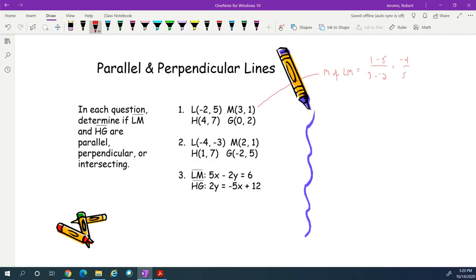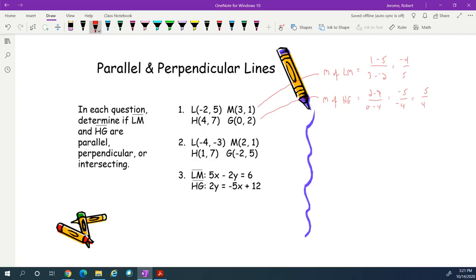The other segment is HG, so we're going to find the slope of HG. 2 minus 7 over 0 minus 4. That's negative 5 over negative 4, which is really just 5 over 4.